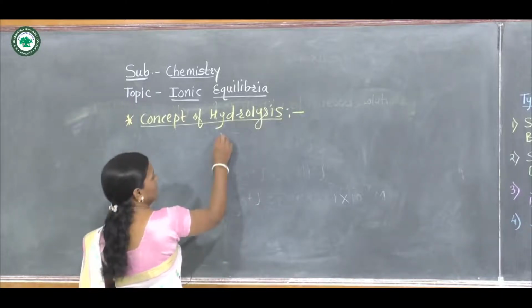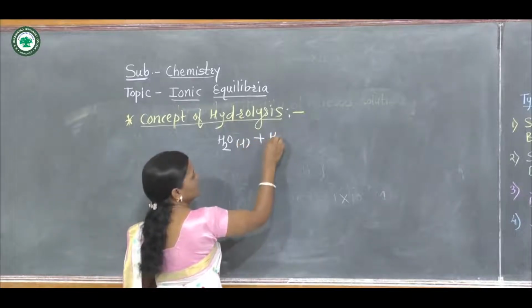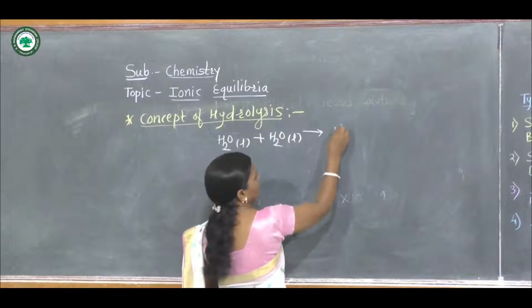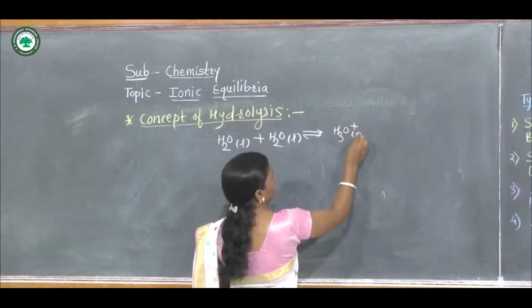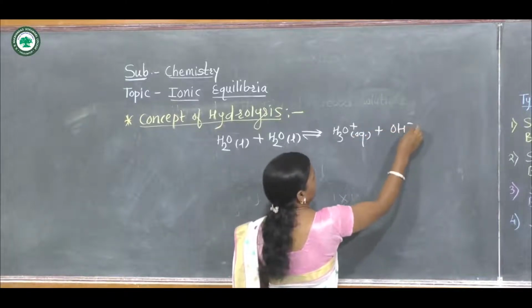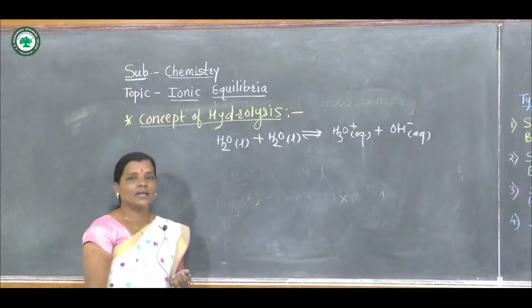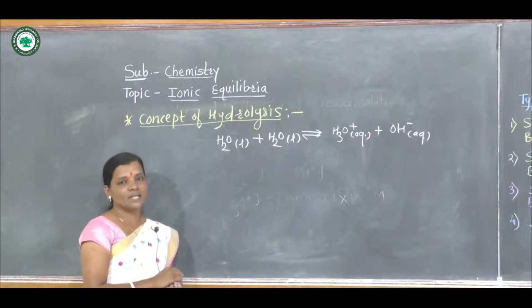How does that equilibrium form? Let us see here. Water dissociates very slightly to form hydronium ion and hydroxyl ion. Any salt, when it is dissolved in water, dissociates completely.